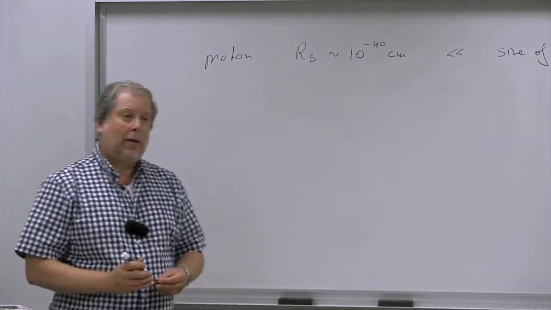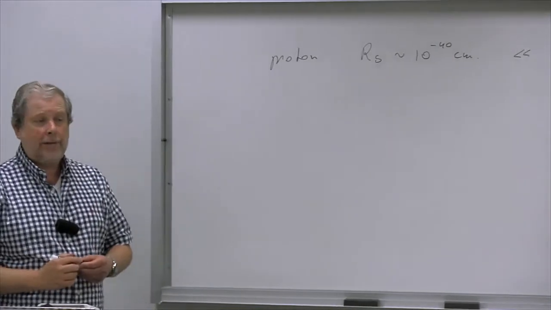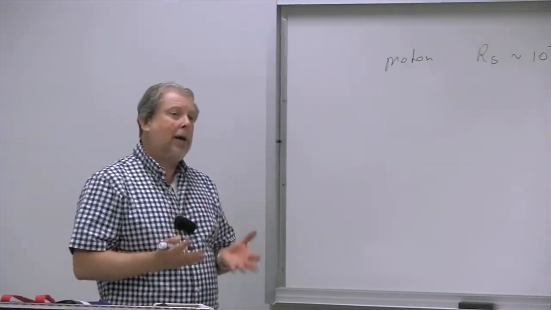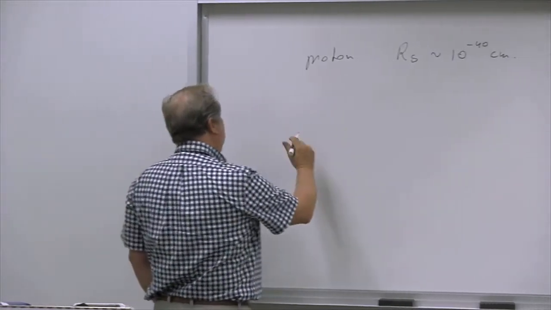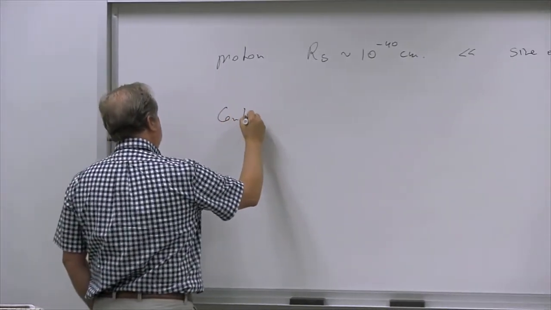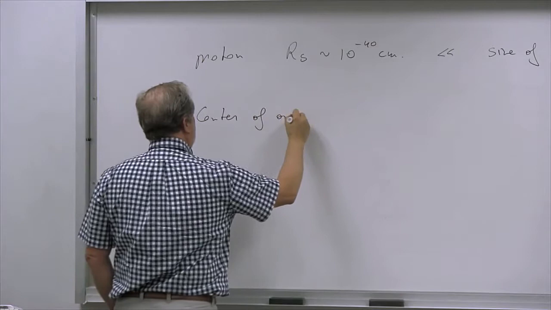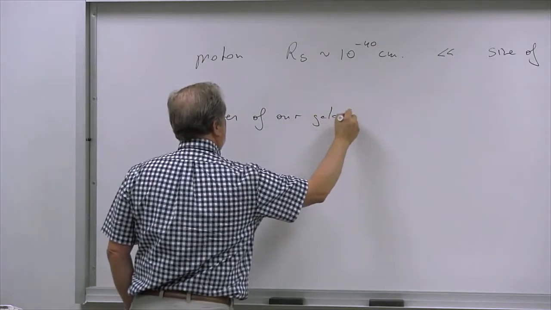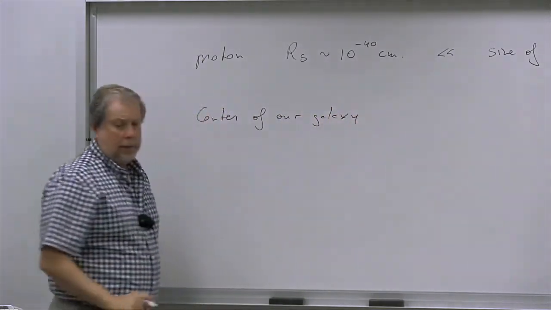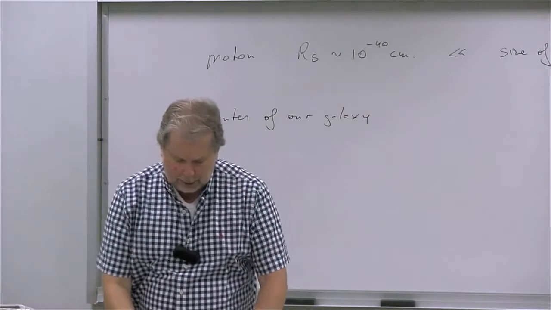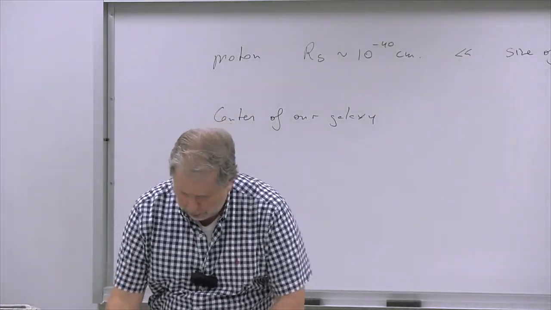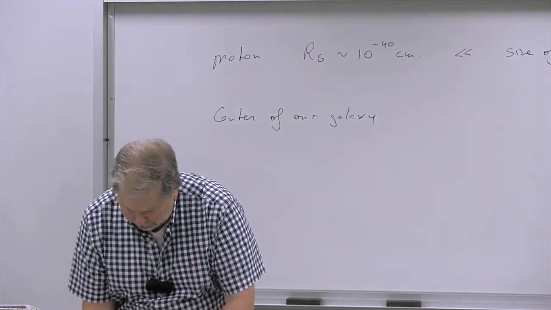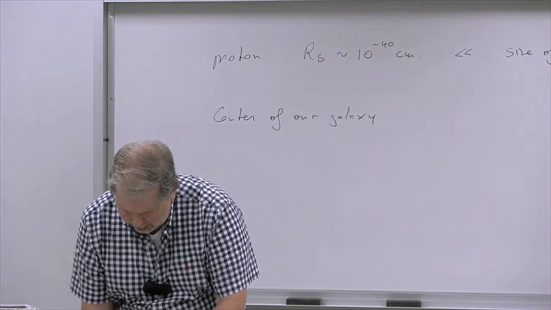but you can have objects that have a Schwarzschild radius which is significant because you have a very large amount of mass in it, right? So if you look at the center of our galaxy, then at the center of our galaxy, one can actually estimate that there is a very massive body. And I'm trying to get here the number for that.